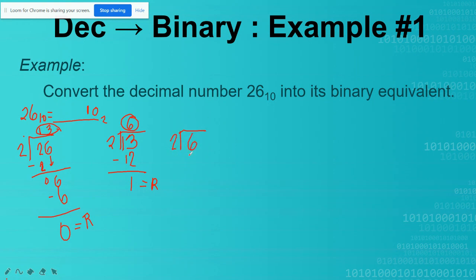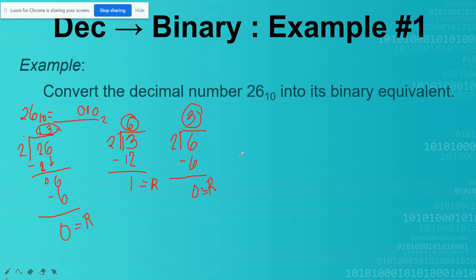So 6 divided by 2 is 3. Times 2 is 6, so definitely that is 0. Yun yung remainder natin, 0. And definitely we still have 3.